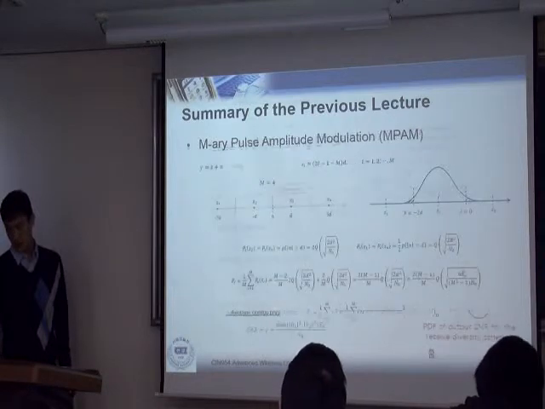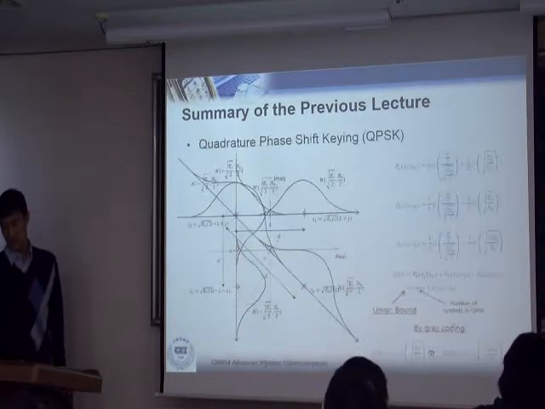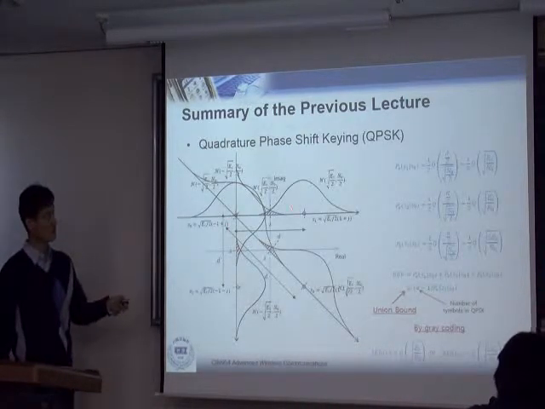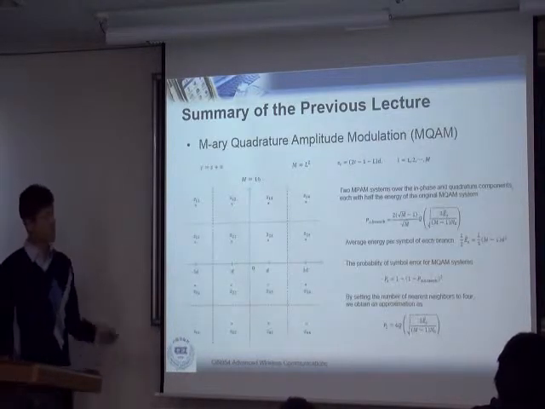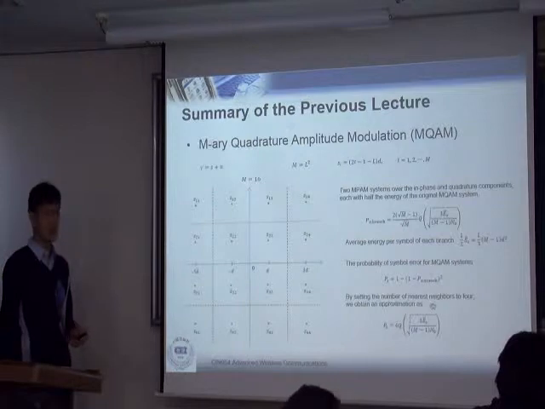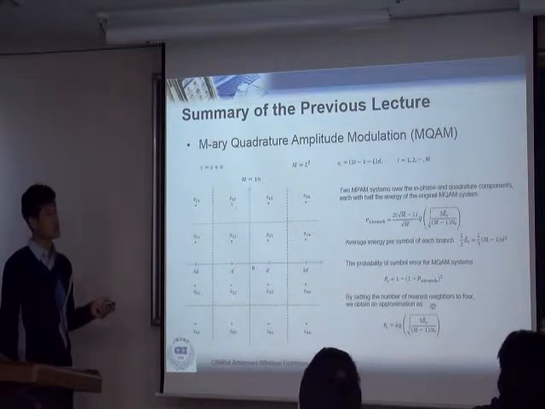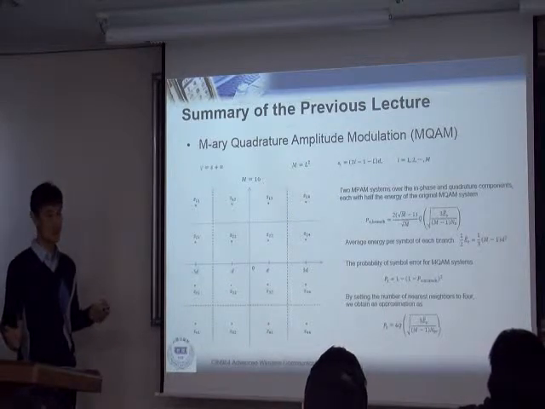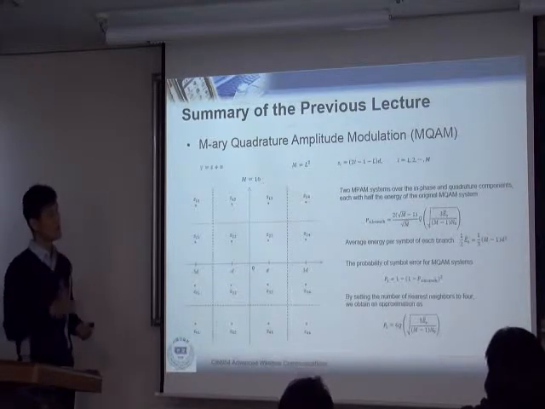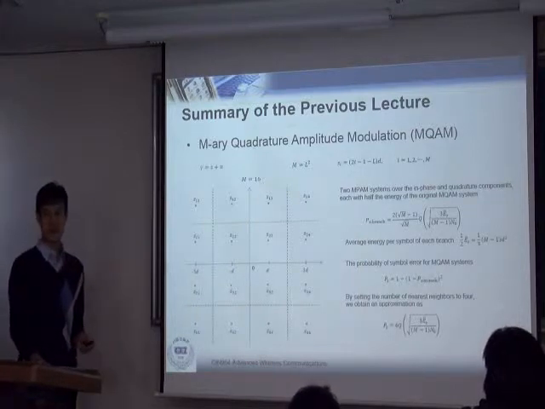Compared to QPSK modulation like this, we have 4 points. What would be the benefit of 16 QAM? Simply speaking, the benefit that you can get out of 16 QAM is that you can transmit more bits. That basically means it's a higher spectral efficiency.